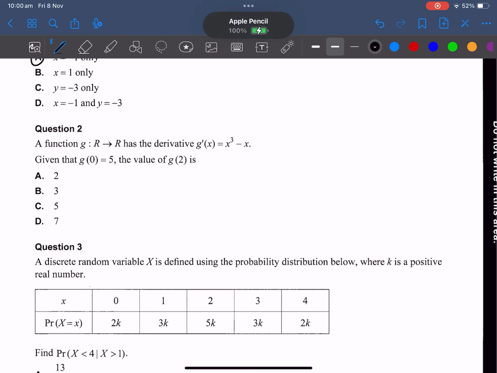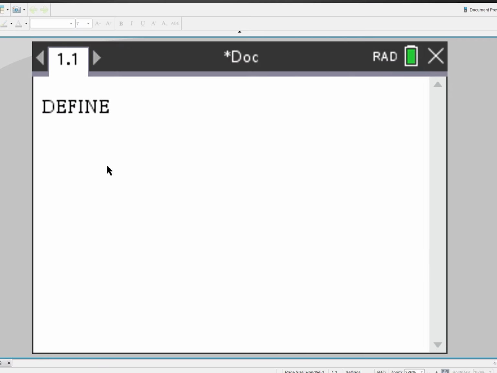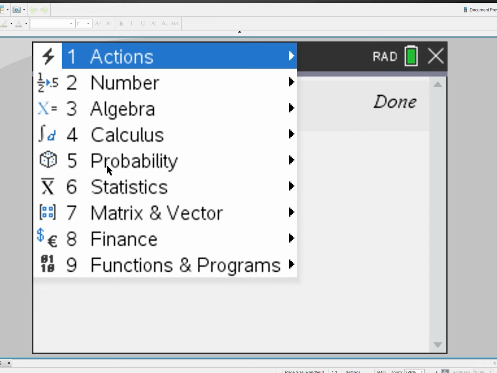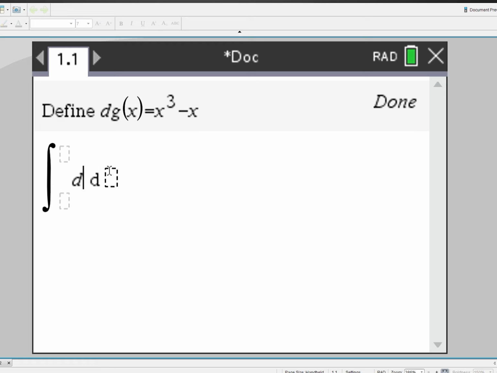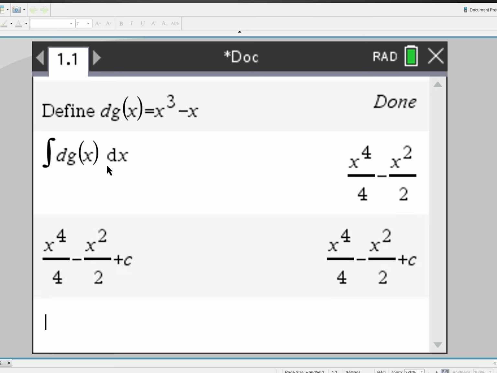Okay, very well, so let us define this. Define, oh whoa, put my caps lock on. Define dg of x is equals to x to the power of 3 minus x. Integrate this, so dg of x, plus c.